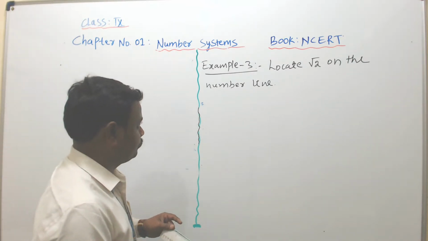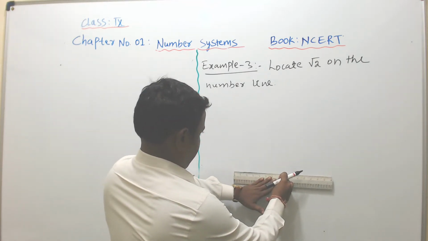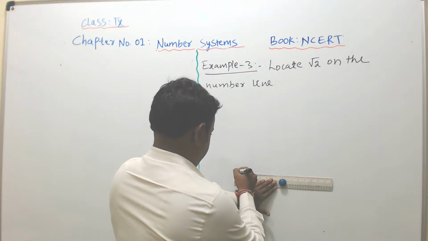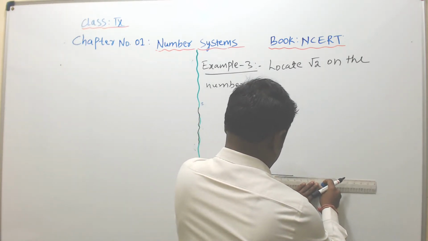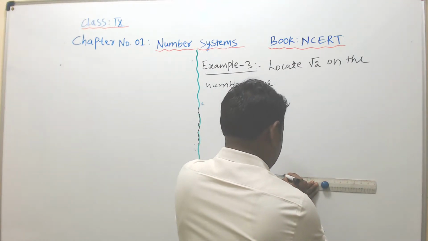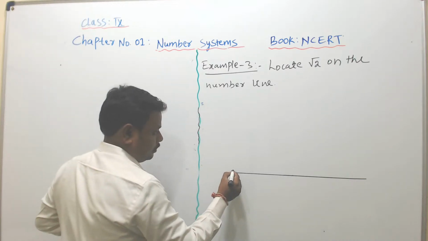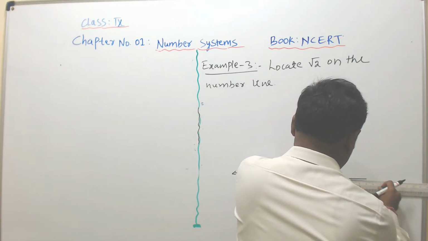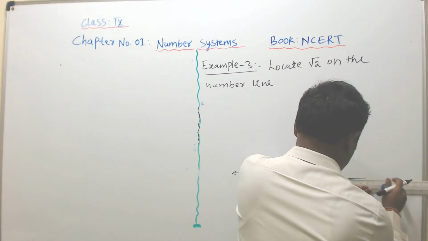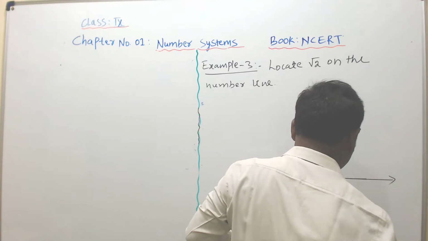Listen here. In the previous classes, you have discussed rational numbers on the number line, whole numbers on the number line, integers on the number line.